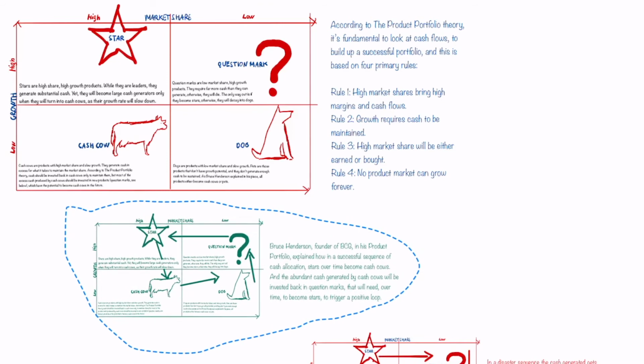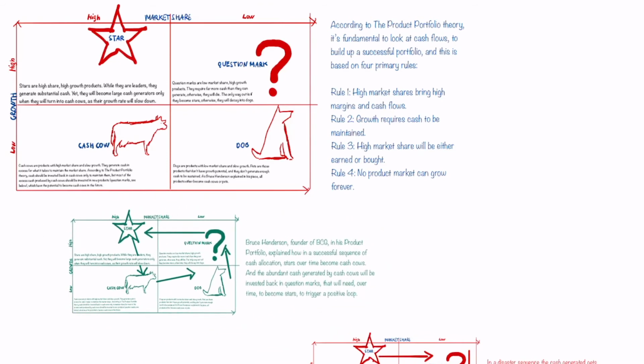The first is the success sequence, as he calls it, when a company is able to transition from a product that is a question mark, and then become a star, and then decay, but again in a good way, as a cash cow, because the company now has a product in a mature industry, but at the same time that same product has become a cash cow because it produces a lot of cash, and there is less cash needed to maintain the same product within the same market, and a lot of cash can be invested in other products that can become question marks first and hopefully stars.